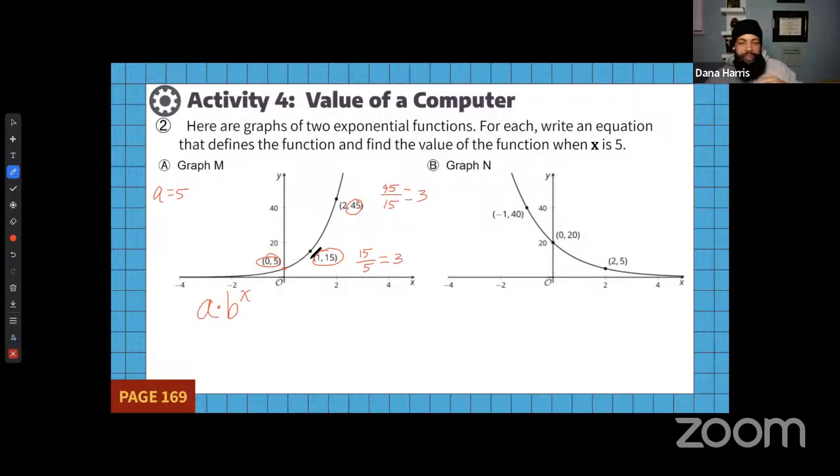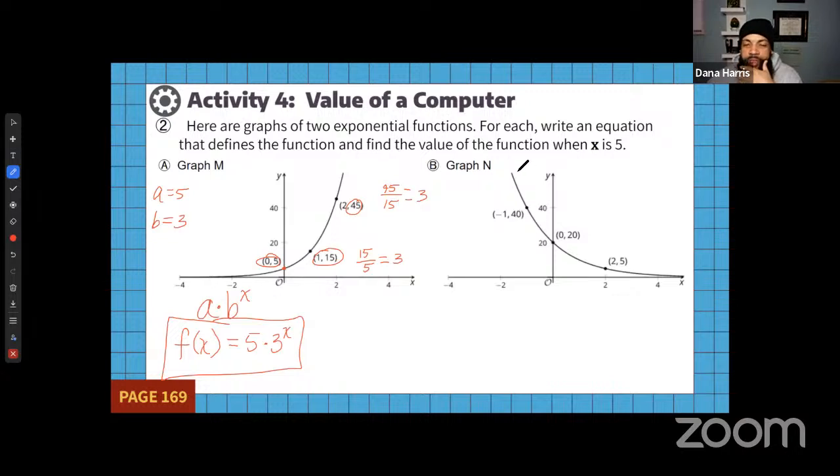So now, as we can see, the common factor b is going to be 3, okay? And looking at the initial value of y, 5 times 3 is 15. 15 times 3 is 45. So now I can say f of x is equal to 5 times 3 to the x power. So that would be that equation, okay?